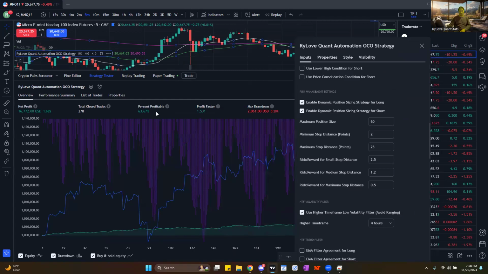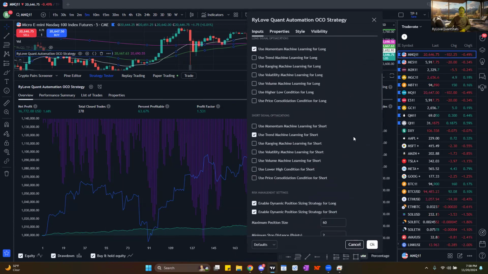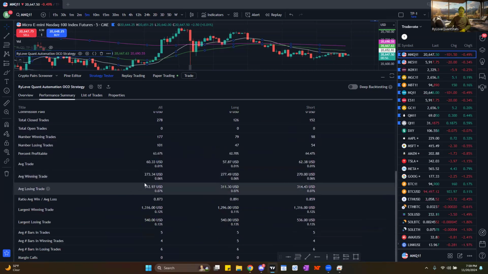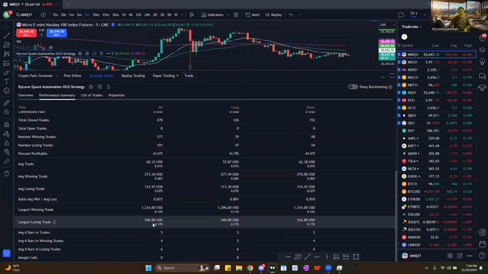Sweet. Yeah, 64% win rate with a 1.5R. That is a very nice strategy right there, as you can see by the net profit. Let's see, if I go into the statistics here a little better, this is exactly what we want to see.